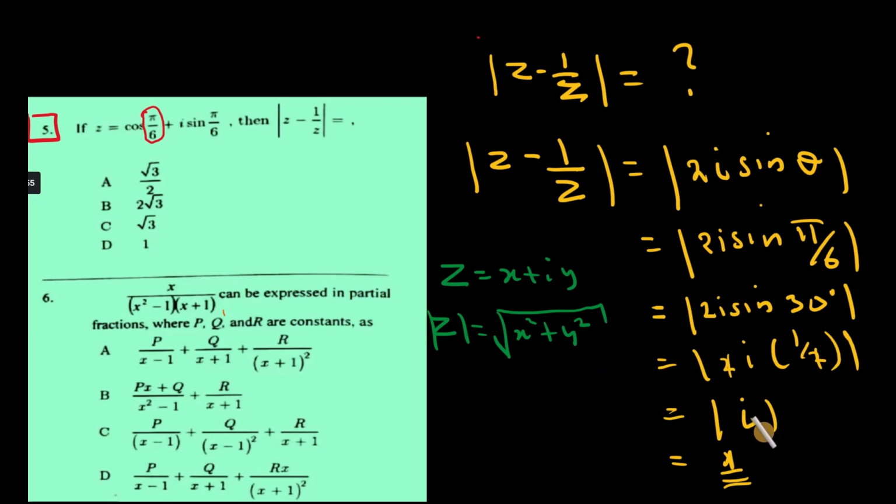So for this case, mod i will be equal to the square root of 0 squared, since the real part is 0, plus the coefficient of the imaginary part, which is 1 squared, which is equal to 0 plus 1, which is the same as square root of 1, which is equal to 1. That's why mod i is 1. So from here, the right answer is this one, which is D.